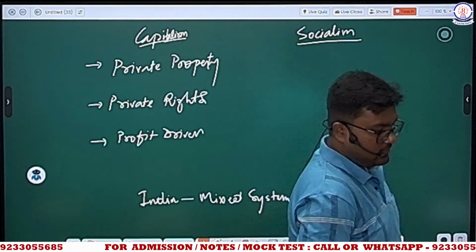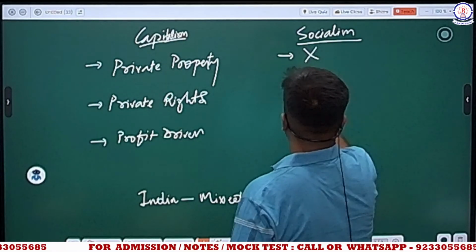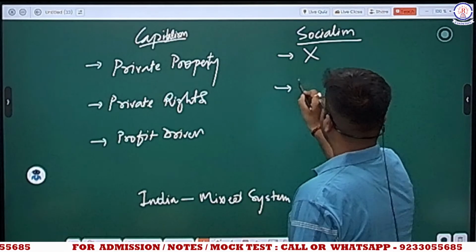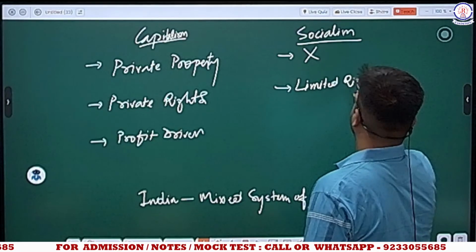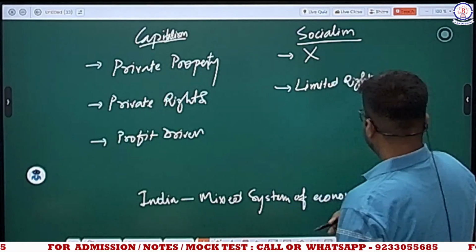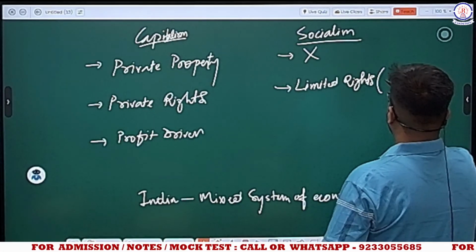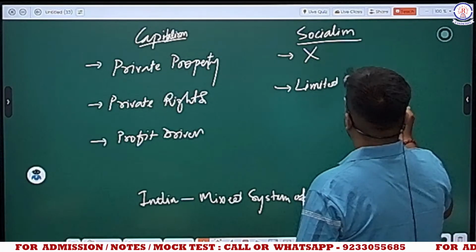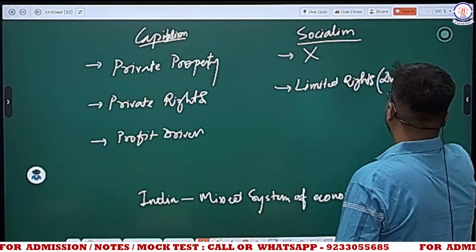In socialism, we do not have the concept of private property. We don't have the concept of private rights. That is, we have very limited rights. In socialism, the importance of duties is much more than the rights.